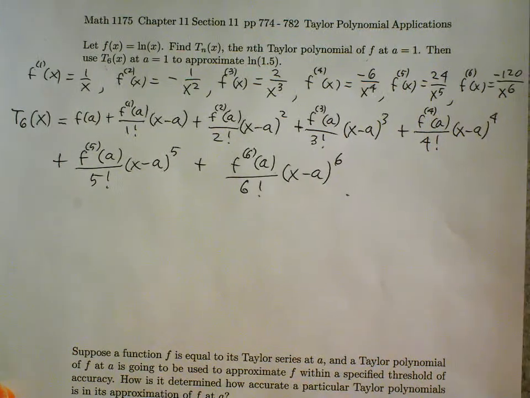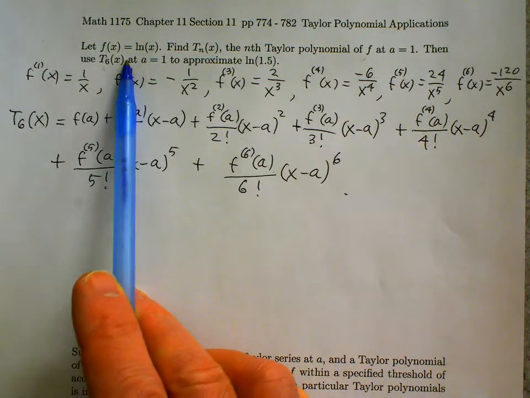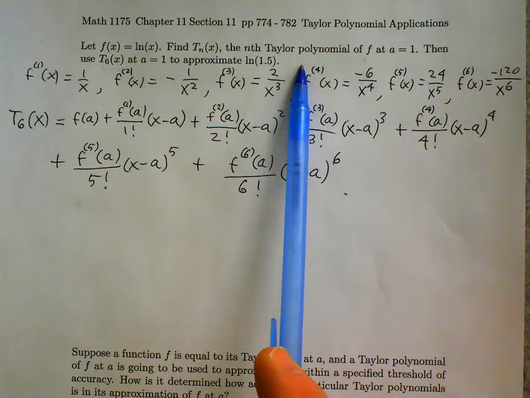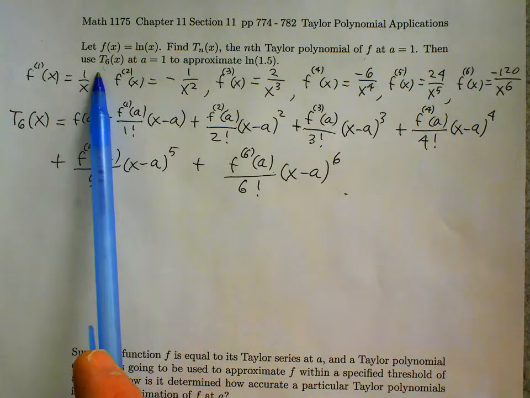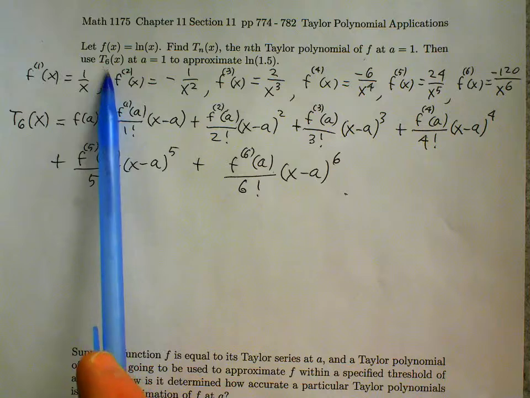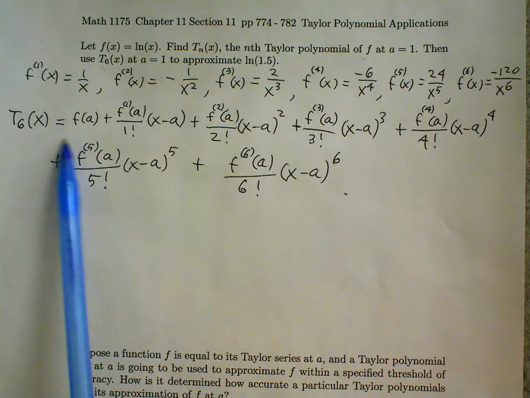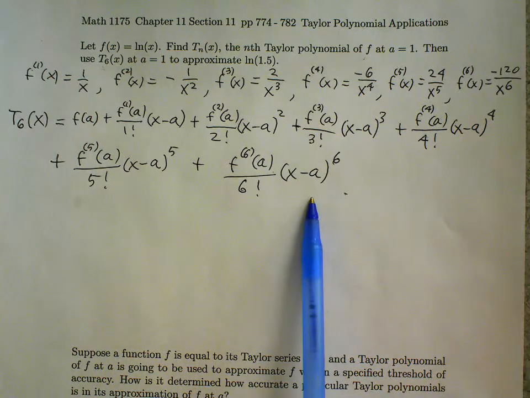We have this function f of x, f of x equals the natural log of x, and we're just focusing on the 6th degree Taylor polynomial, T sub 6 of x at a equals 1. In symbols, this is what the T sub 6 looks like.